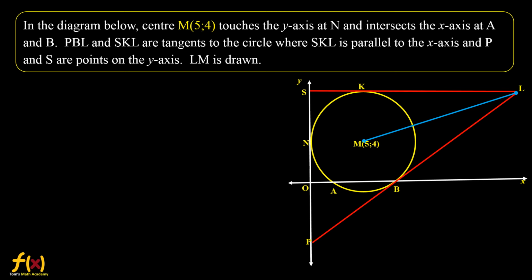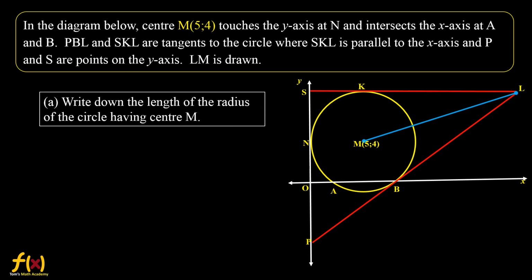What is our question? Write down the length of the radius of the circle. We have M(5, 4) and NM is a radius. So NM is equal to 5 units because NM is parallel to the x-axis. So MN is 5, that is the radius.